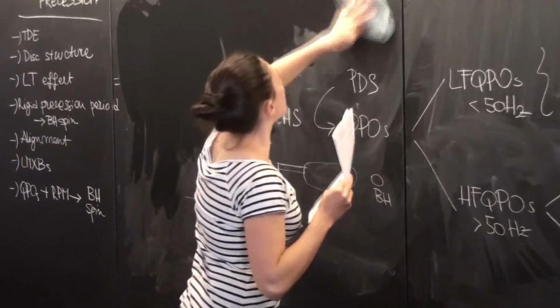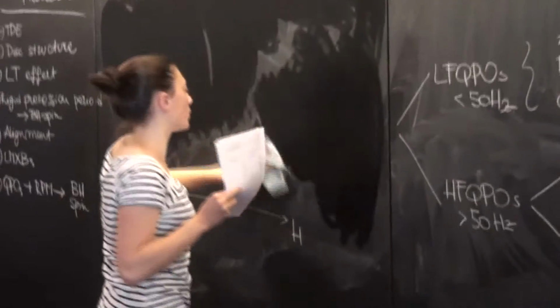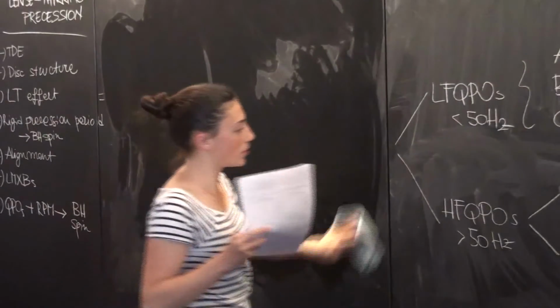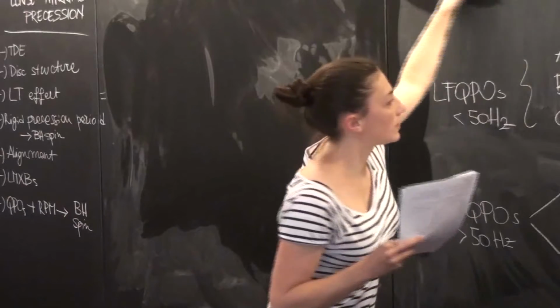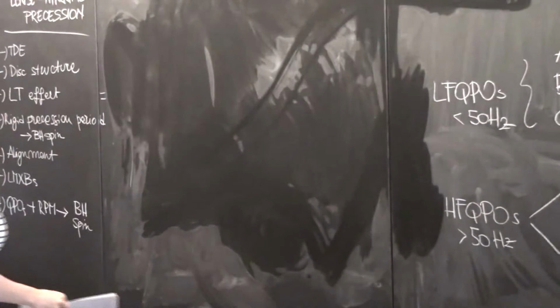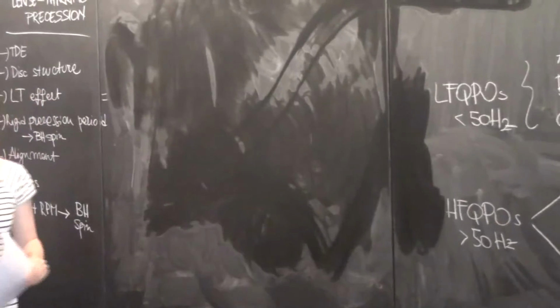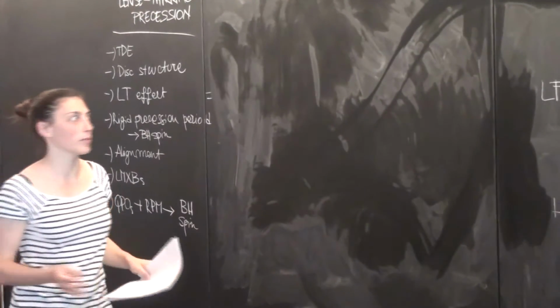So what I did is to place limits on the spin value of the black hole for several sources, looking for type C QPOs in the soft state. According to the relativistic precession model, we have three frequencies that are associated with the motion of a test particle around a compact object.